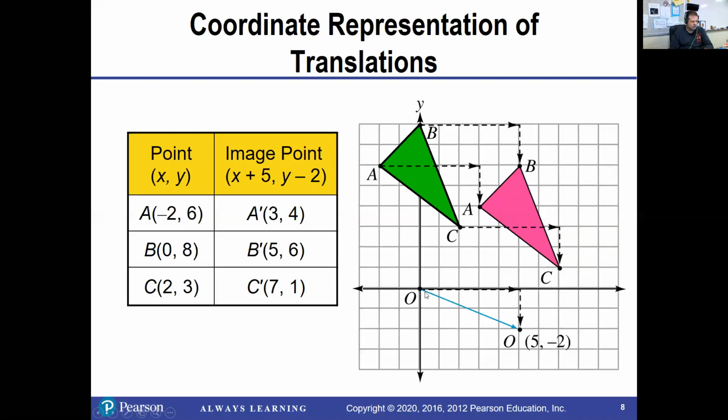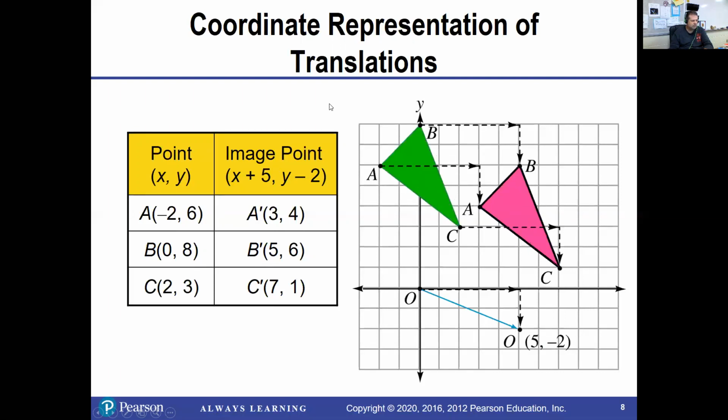In other words, we move 5 to the right, adding 5 to x, and down by 2, subtracting 2 from y. To find your image points A prime, B prime, C prime, add 5 to all the x values and subtract 2 from all the y values, and you have your new A prime, B prime, C prime.